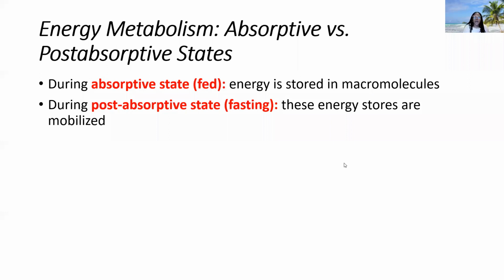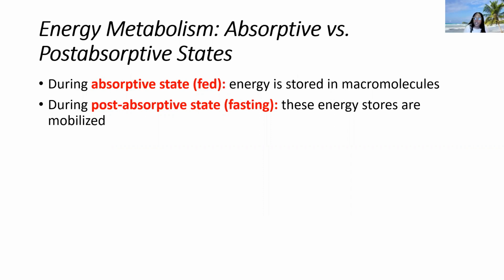All right, so what we're going to shift gears to look at here is the energy metabolism, the two general states in the body, and how that governs what energy metabolism looks like. So there are two states. One is the absorptive state. Again, I refer to this as the fed state.